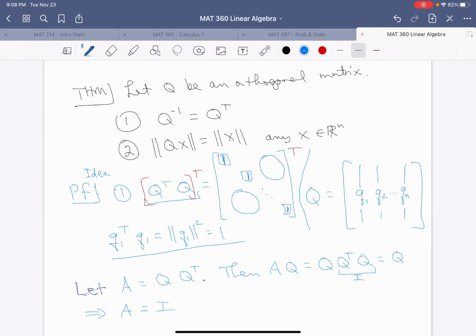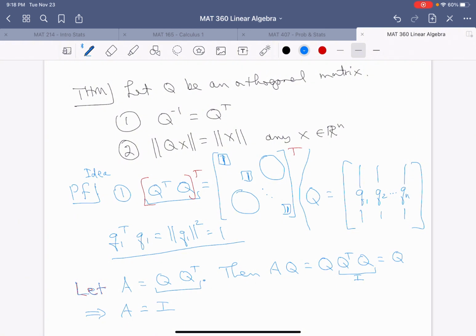Let's see, is that true? Well, the last recording cut off on me while I was looking into that, but we do have essentially the proof complete, because we're trying to show that Q times Q transpose is the identity.